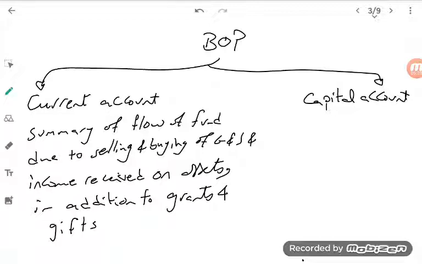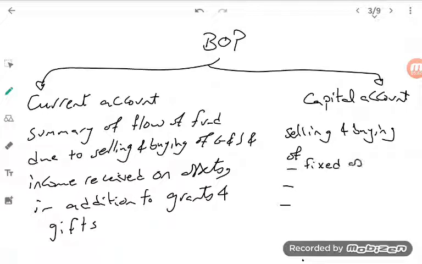What about the capital account? The capital account is a summary of flow of funds due to selling and buying of fixed assets: building, land, a company, long-term assets, long-term bonds and stocks, mainly stocks, and finally short-term securities.